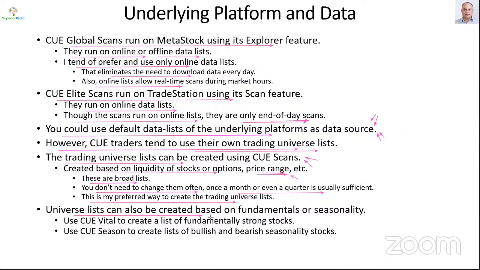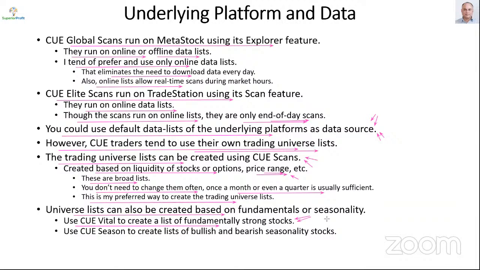Universe lists can also be created based on fundamentals or seasonality. Use QVital to create list of fundamentally strong stocks. And once you create them either based on earnings growth, and/or revenue growth, and/or valuation, you may save those lists. Once again, you may save them in QVital.